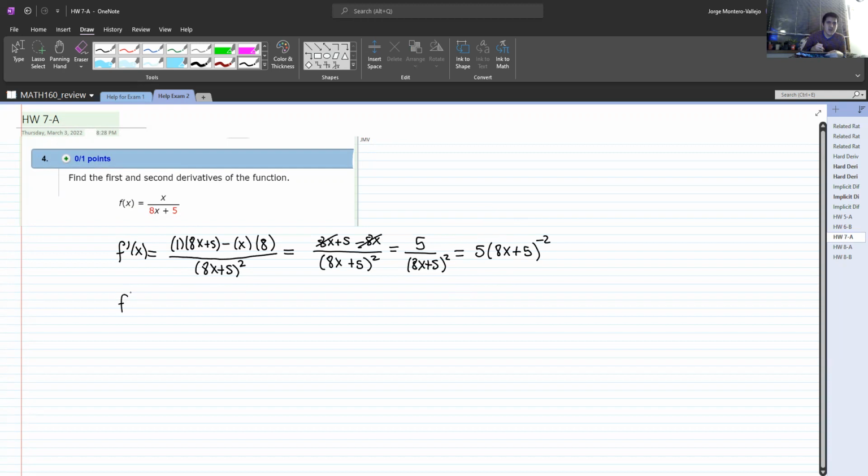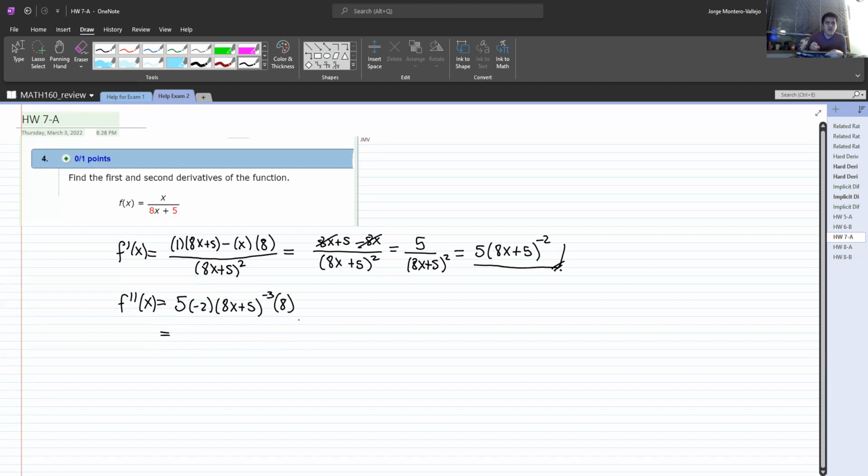When you then go ahead and take the second derivative, you do derivative on this, right? So the 5, you disregard it, and then you do general power rule, because this is a function being raised to a power, right? So then you have minus 2 in the front multiplying, then 8x plus 5, new power, negative 3, and then times the derivative of the function, that's 8.